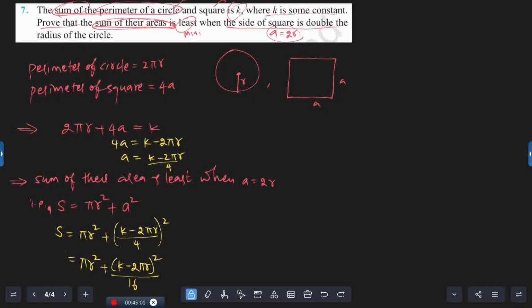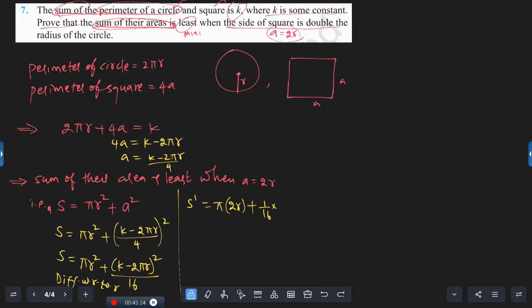Let it be. We'll differentiate this with respect to r. So what I am getting, S dash is equal to pi, r square when you differentiate is 2r, plus 1 by 16.